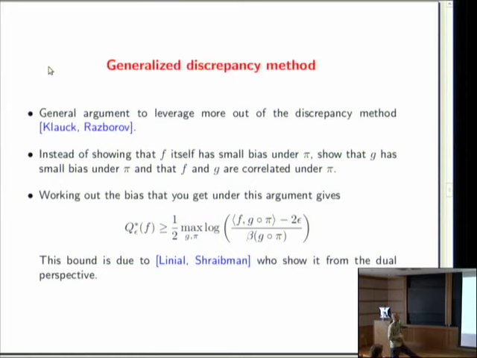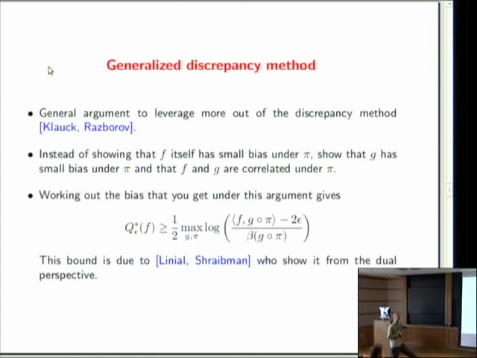Basically, I can maximize over functions g and pi, and as long as this correlation is non-negligible, I can still get a lower bound of 1 over the bias of g under pi. Okay? So the lower bound for disjointness works exactly this way.